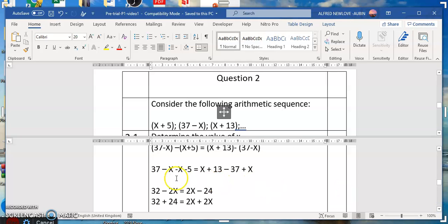Then we have like terms here, so I'm going to have this 37 minus 5 is going to give us 32. Then minus x is going to give us minus 2x. Then this x and this x are like terms. Remember, there is an invisible 1 in front. So 1 plus 1 is going to give us 2, so 2x. Then this and this are also like terms. So 13 minus 37 is going to give us minus 24.